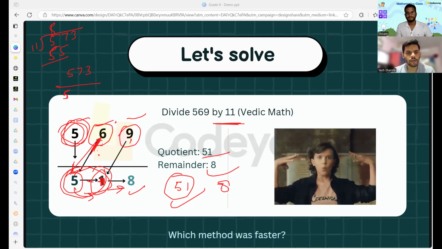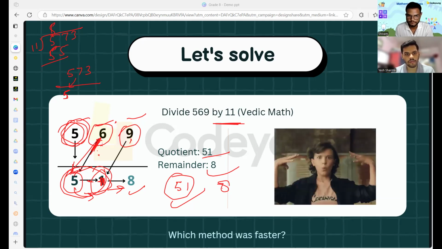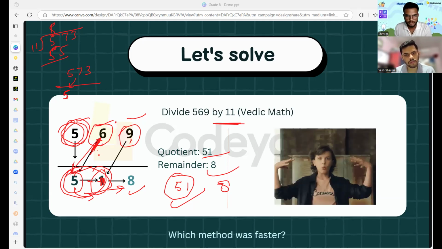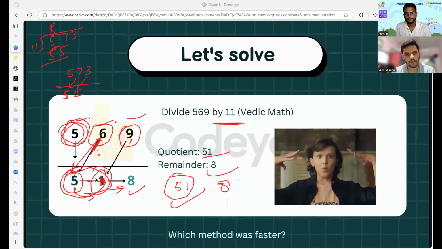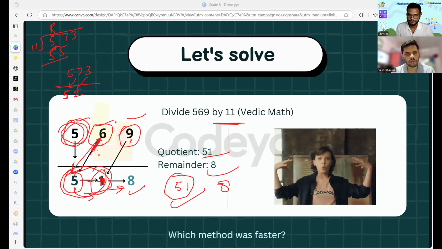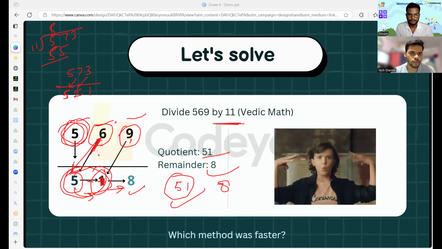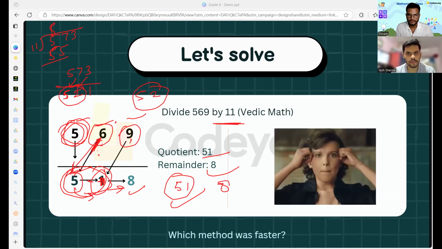Subtract 7 minus 5. What is it going to be? 2. Yeah, it is 2. Now again, just subtract 2 from 3. That's 1. So you got 2, this will be the quotient 52, and the remainder will be 1. Yeah, great. You got it.